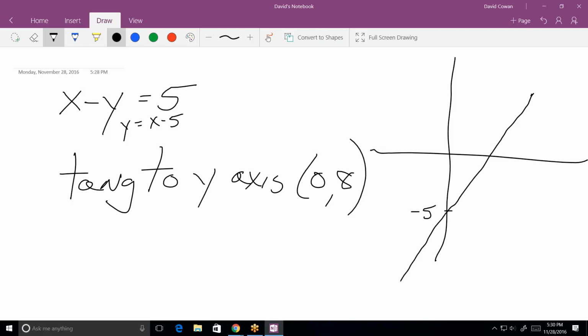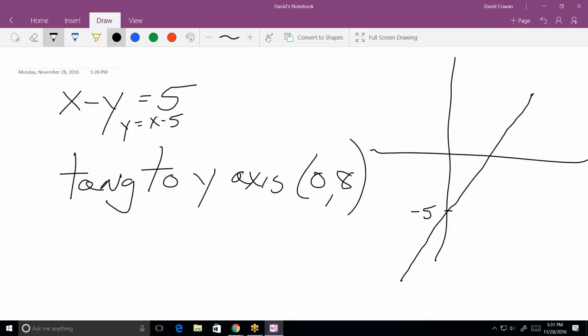Something like that. So they're telling me the center of our circle is somewhere on this line. And there's also a tangent. What was the rest of it? Tangent to the y-axis at the point 0, 8.